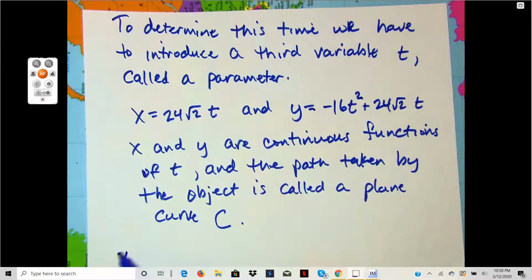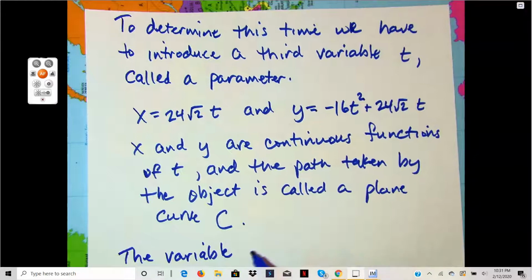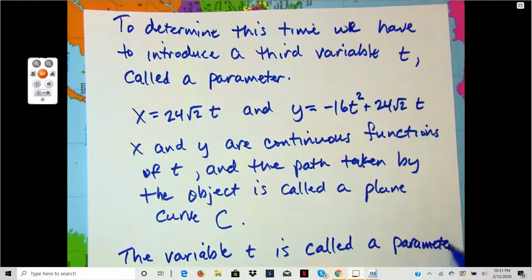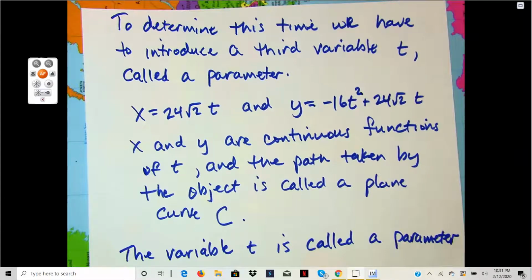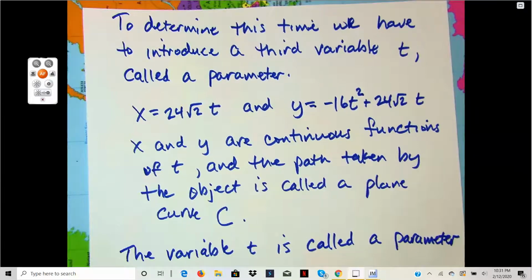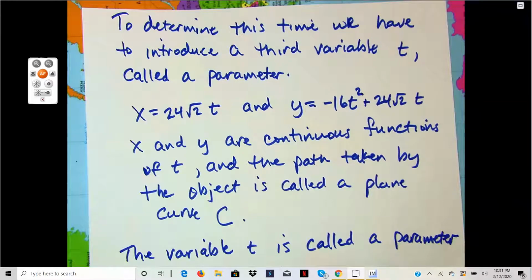The variable t is called a parameter, and x is equal to f of t, so x is some function of t, where f of t is continuous, and y is some function g of t.